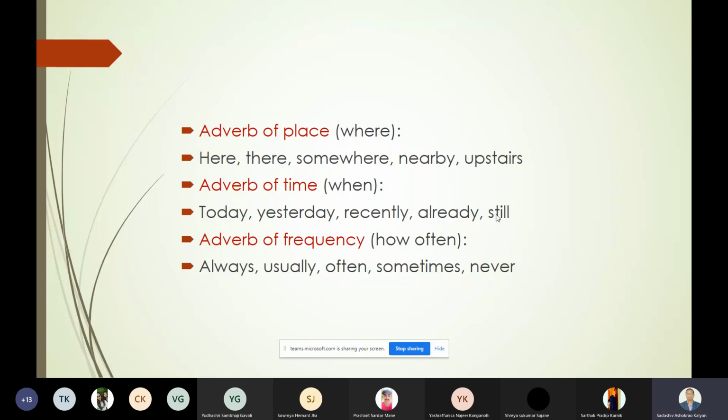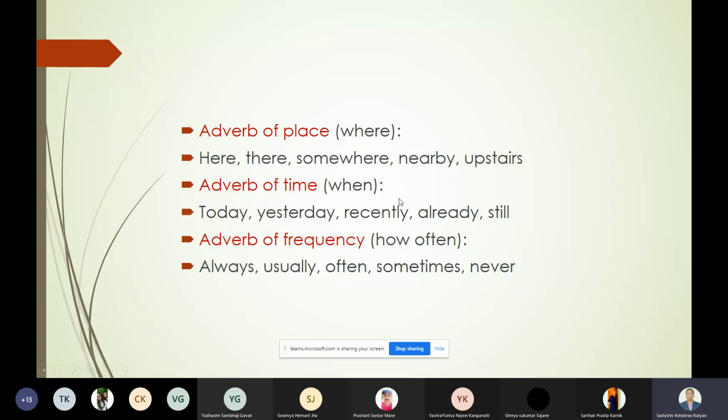Here are plenty of fables in our room, we can say. At that time we are using the adverb of place: nearby, upstairs.